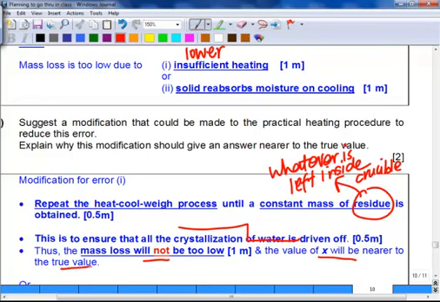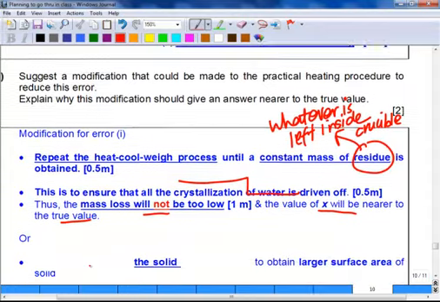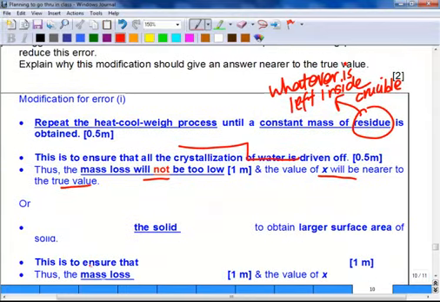Everybody okay? So if the heating is insufficient, what else can you do to the solid? If the solid is in big lumps, that's why water cannot escape, right? What will you do? Yes, correct. Maria mentioned obtain a larger surface area by doing what? Pounding, right? Grind the solid first.